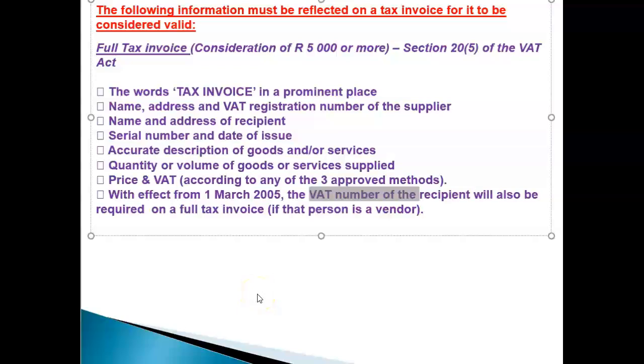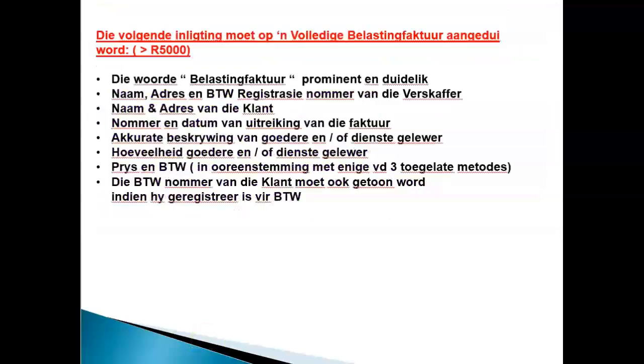If you are a VAT vendor, you are going to claim the VAT from the receiver of revenue. You can only claim the VAT if you have a VAT invoice and if your VAT number appears on that VAT invoice. Otherwise, you cannot claim the VAT. So that is why it's so extremely important.